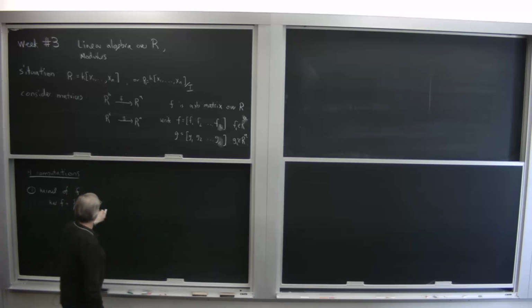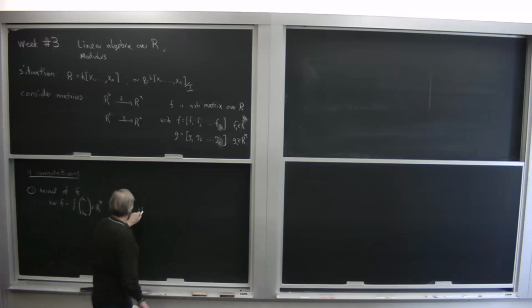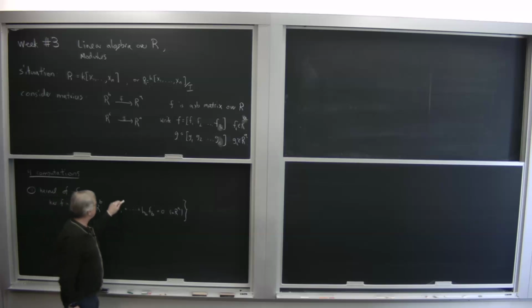That turns out to be H1 times the vector F1, where H1 is a polynomial and F1 is a vector, and so on, to HB times FB, equal to 0. So this combination is in R^A. Okay, so that is the thing. These things are called syzygies.